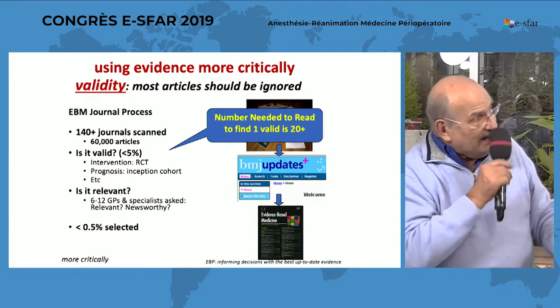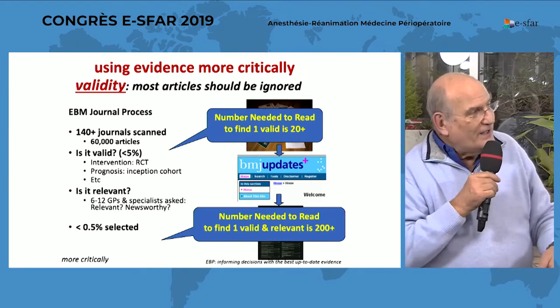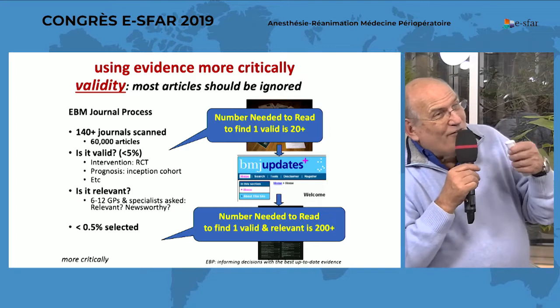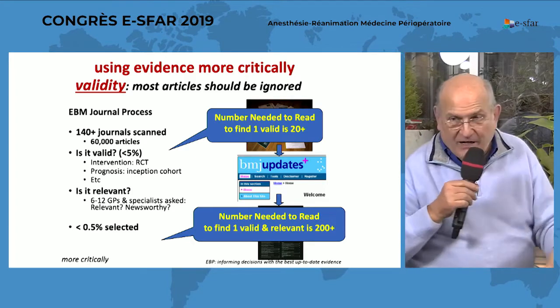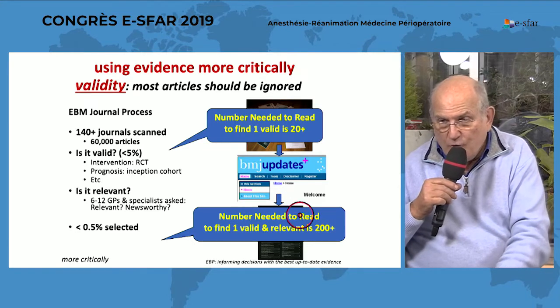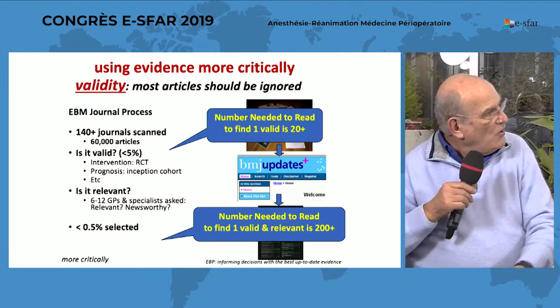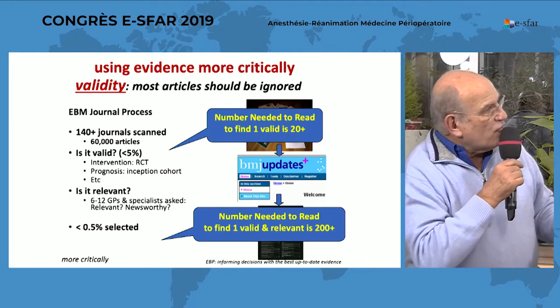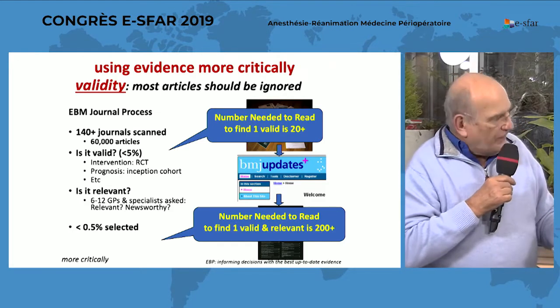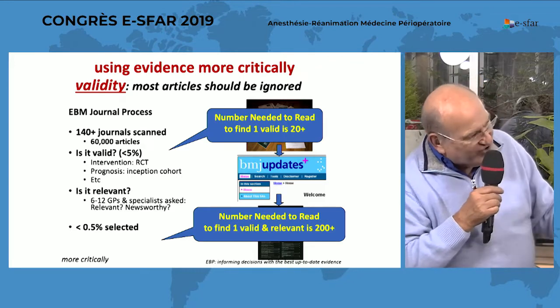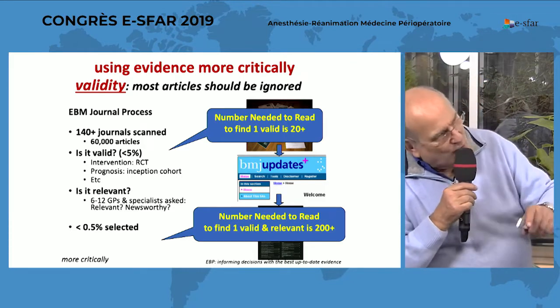Then, having a valid paper, if you want a paper which is providing you adequate, valid results for the patients you are taking care of, you need to read 200 papers. Who has the time to read 200 papers to take care of one patient? So finally, I think that we need an algorithm to avoid the risk, and we need some people telling you what has to be done.